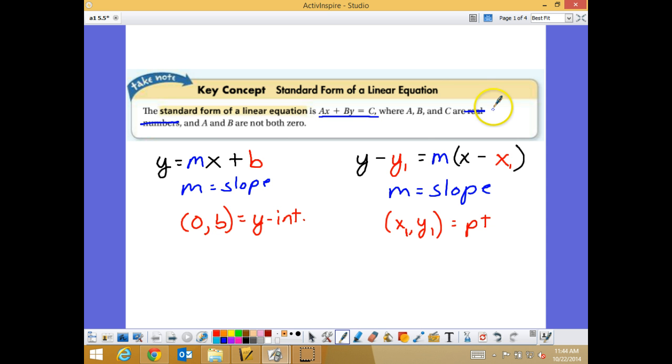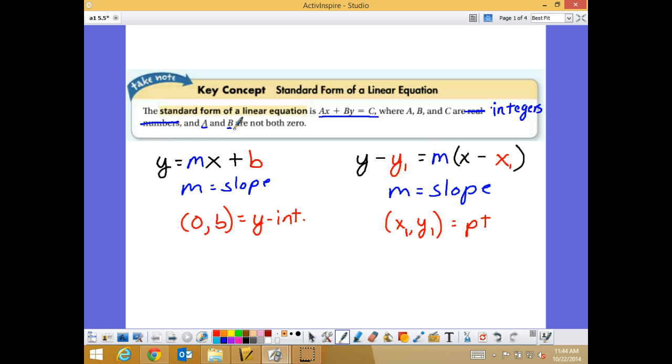I'm going to amend this a little bit. A, B, and C need to be integers, meaning fractions and decimals are not allowed in standard form. And A and B are not both 0. One of them could be, but they both cannot be.